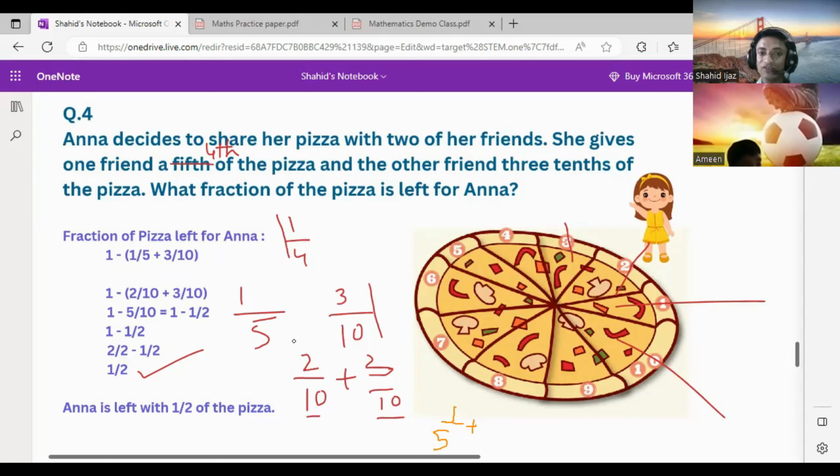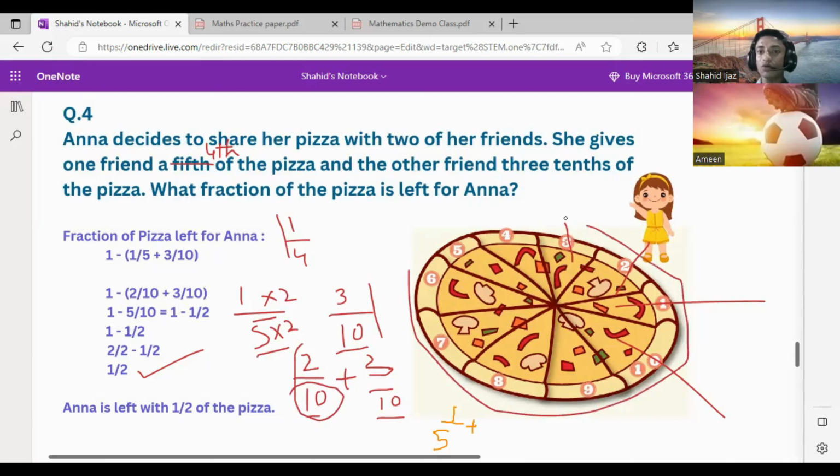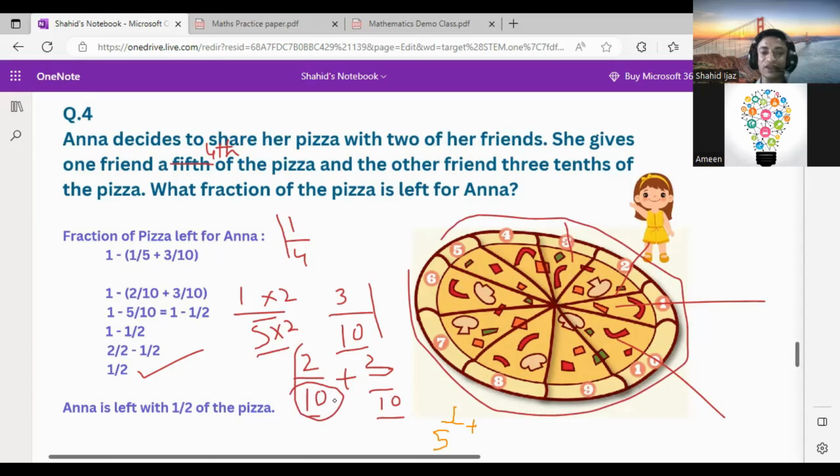My question is why we multiply it by 2. To make the denominators equal, and the numerator should change as well, because if it doesn't change, the value will be different. And most importantly, in fraction and whole questions, there must be 10 because these are 10 pieces. This is also the reason, not only to make the denominators equal but also to make the simplification easier.